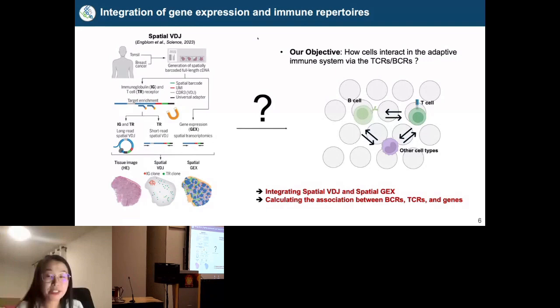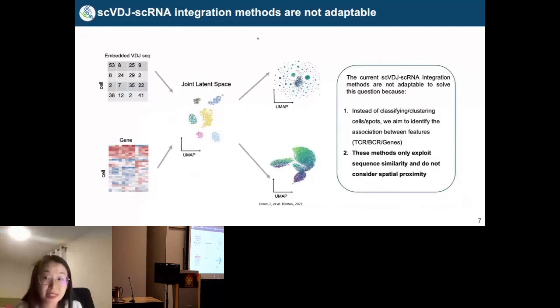A straightforward idea to do this is we first integrate spatial VDJ with spatial transcriptomics and then calculate the association between variables. So we considered whether the single cell VDJ integration methods that we mentioned in the previous slides could be used to solve this problem.